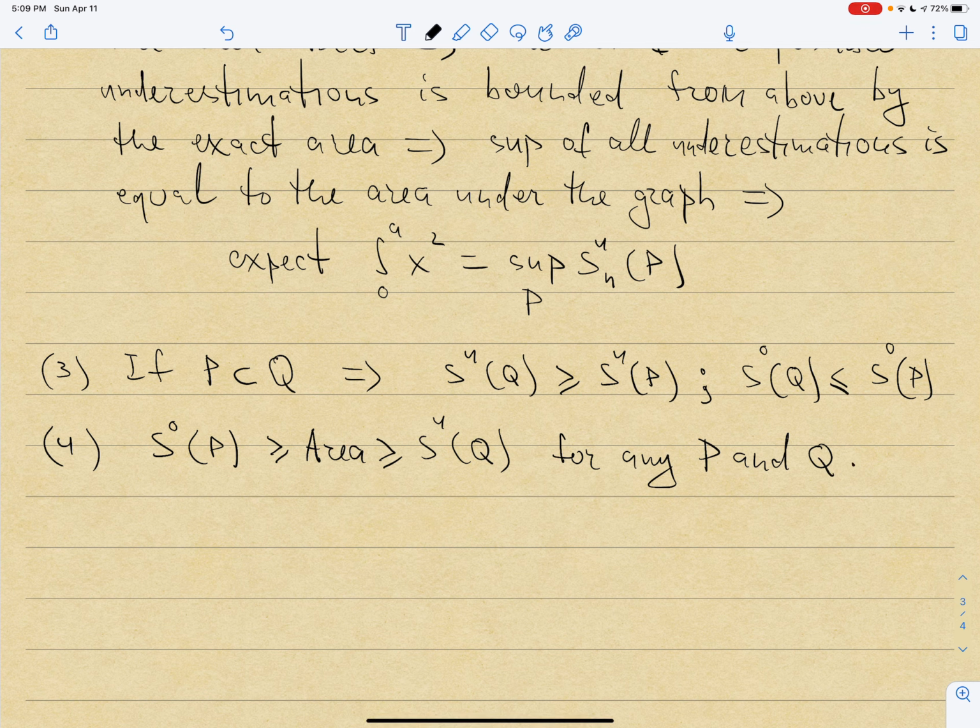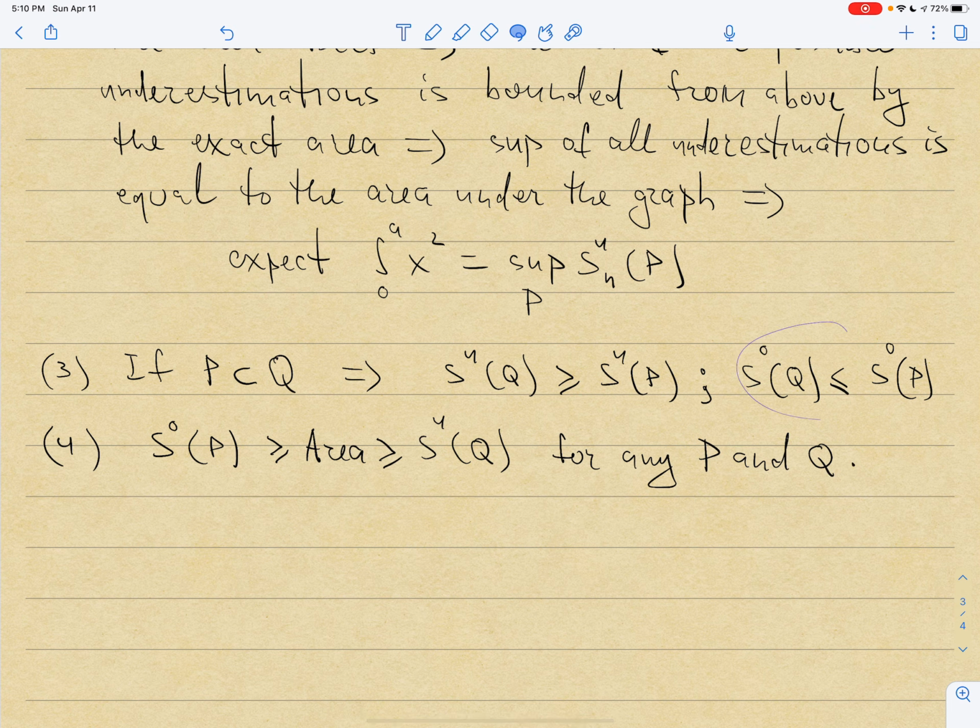Okay, so that is what we're going to try to do when we define the integral. We're going to work with these overestimations and underestimations. They have these nice properties that refinement will cause underestimation to go up and overestimation to go down.